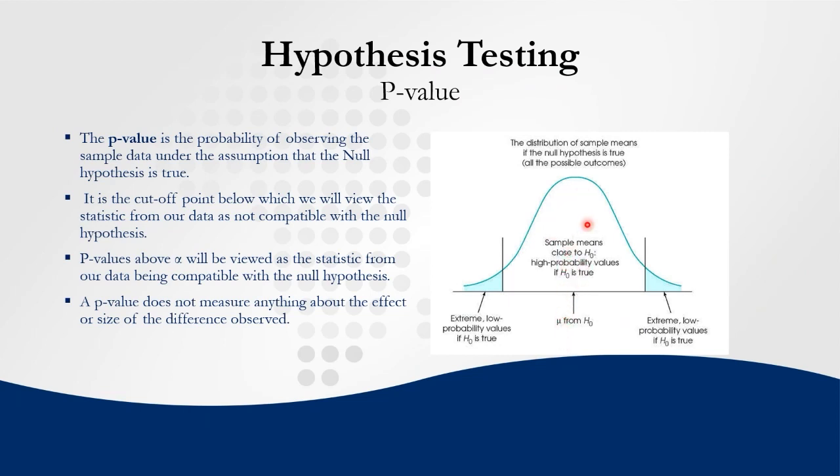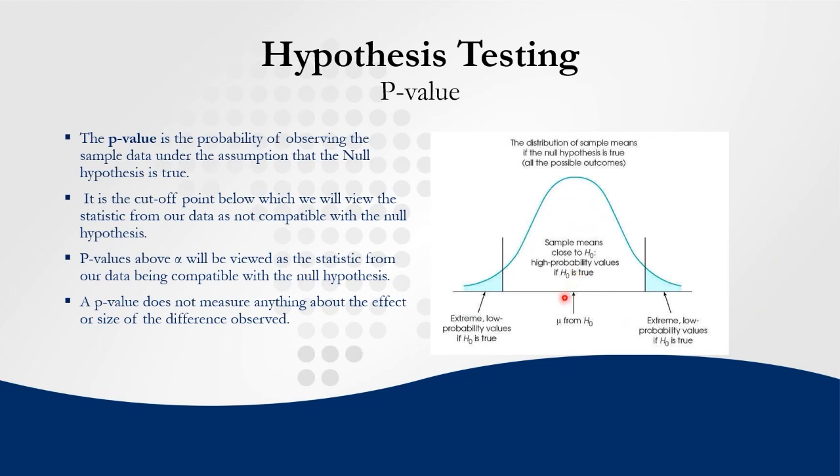Remember, the null hypothesis is based on the population. What is seen here is mu, and we are saying that our mu is 3.5. So the values would be close to the center.